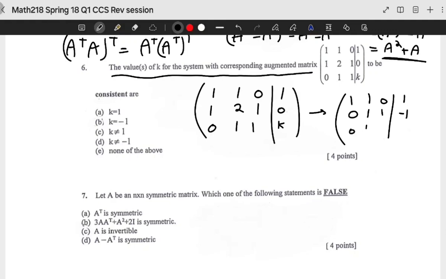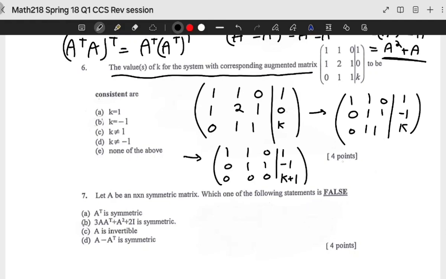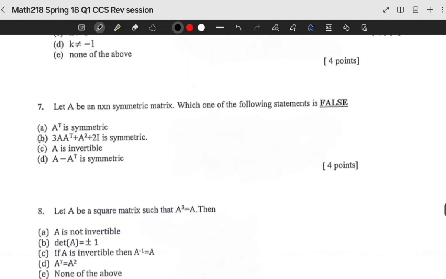Then we can multiply row 2 by -1 and add it to row 3. And we would get this. 0, 0, 0, K plus 1. And for this system to be consistent, as we've discussed before, we want K plus 1 to be equal to 0, or K equal to -1. That's option B.